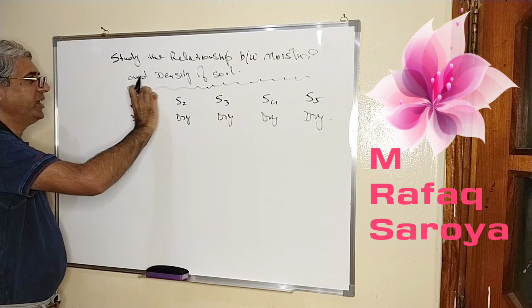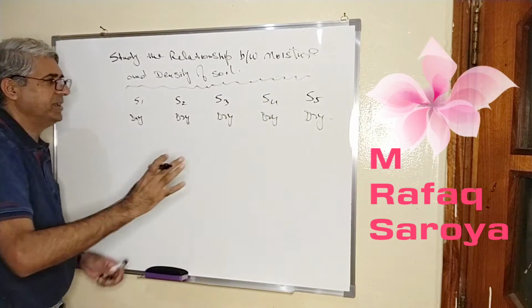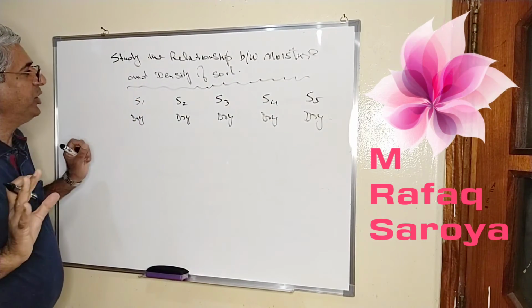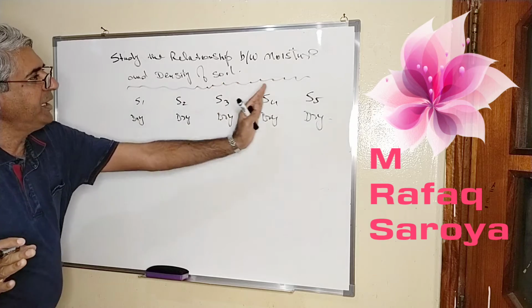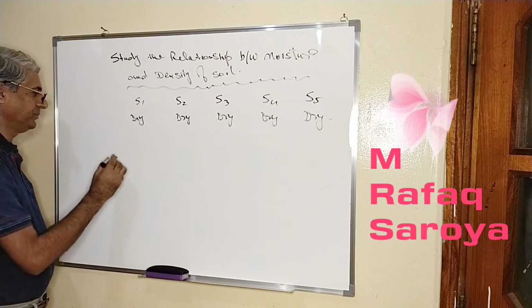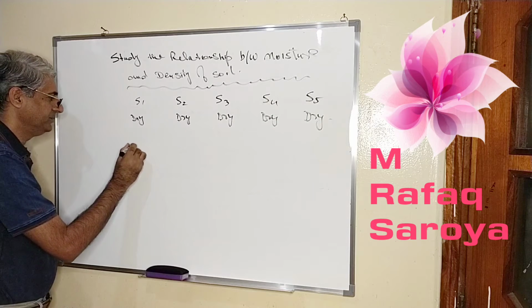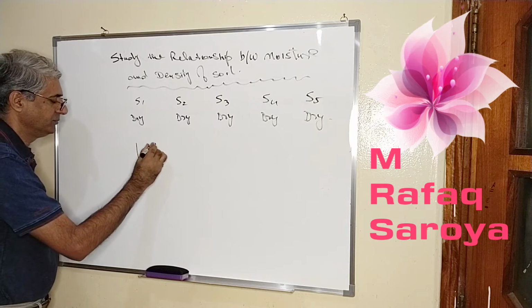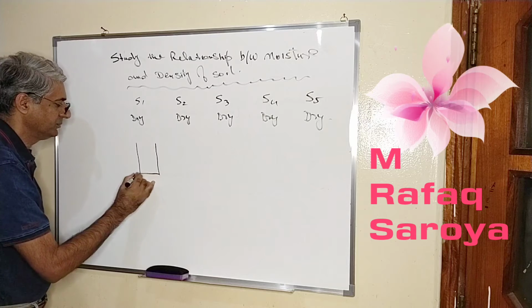Certain amount of the soil is over here, like this. I am writing it for your clear understanding that I have taken 5 separate samples of the soil. I will take the first sample and put it in the mold.